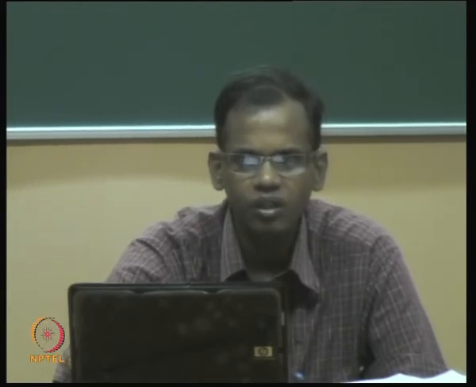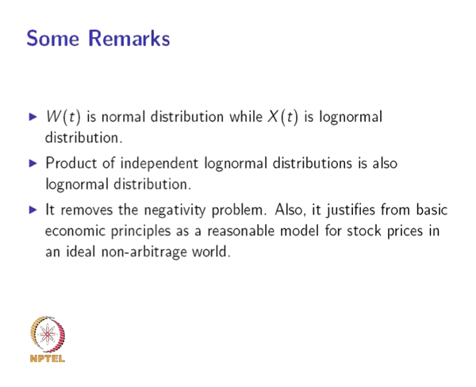As a remark, we know that Wt is a Brownian motion, and the increments are independent as well as stationary. Wt is normally distributed with the mean 0 and the variance t if it is a standard one.